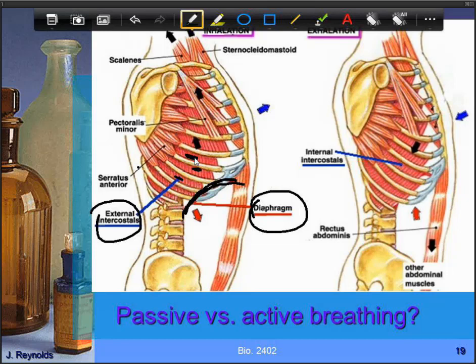Now, this is quiet, just normal breathing as you're doing now. When you exhale, those muscles relax. That's all you need for exhalation. You need no muscles to contract to make you exhale. It's like letting go of the neck of the balloon. The air goes out. You don't have to push on the balloon, anything like that. That's in normal breathing. Now, in forced breathing, it changes. You have to have more muscles involved. So inspiration is active. Expiration is passive.